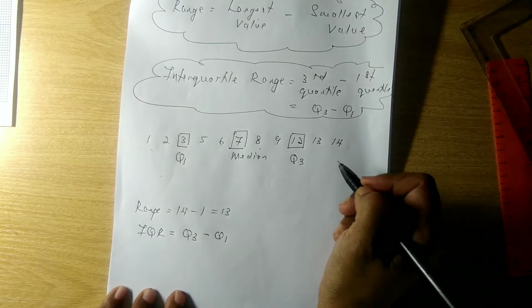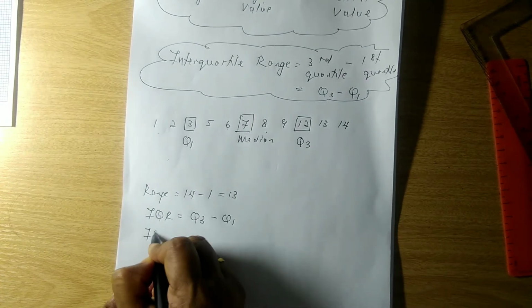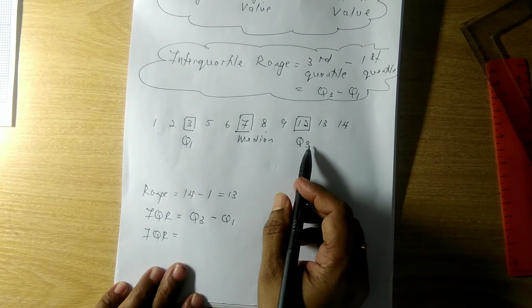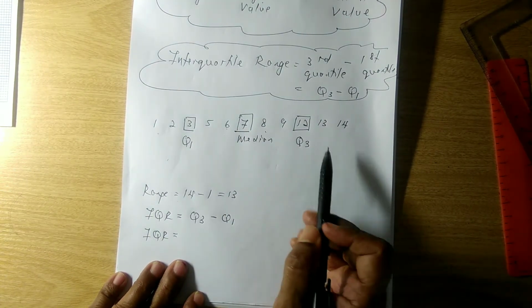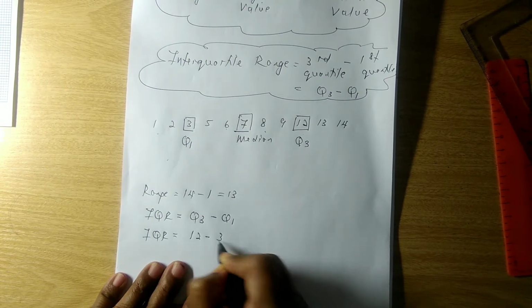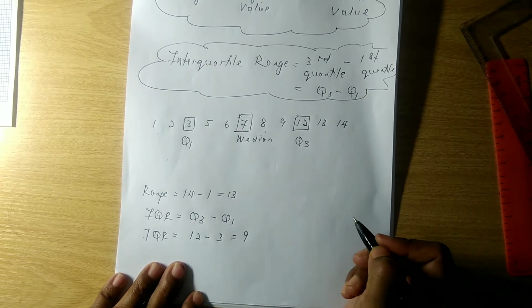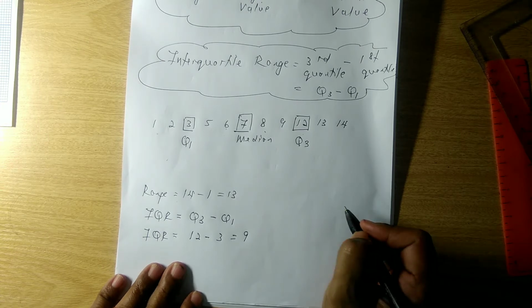So to find my interquartile range, using the abbreviation IQR, this is Q3 minus Q1. Q3 here I got as 12, minus 3. So I get 9. So that's the range and that's the interquartile range.